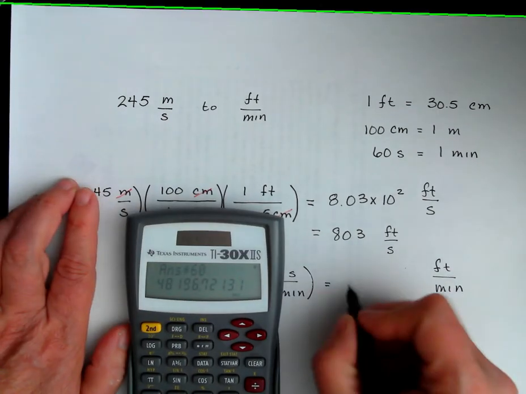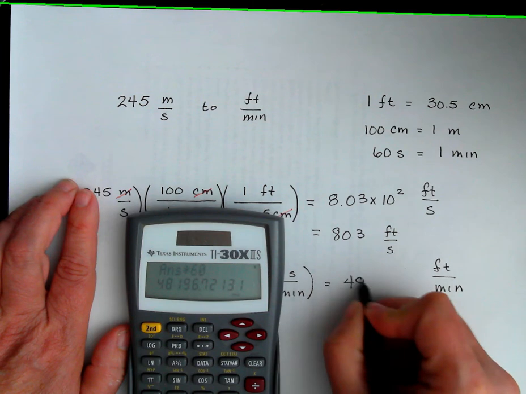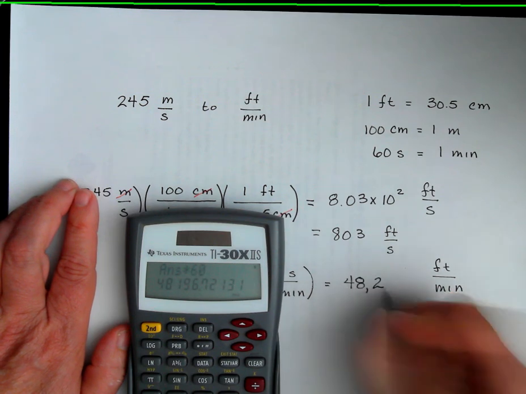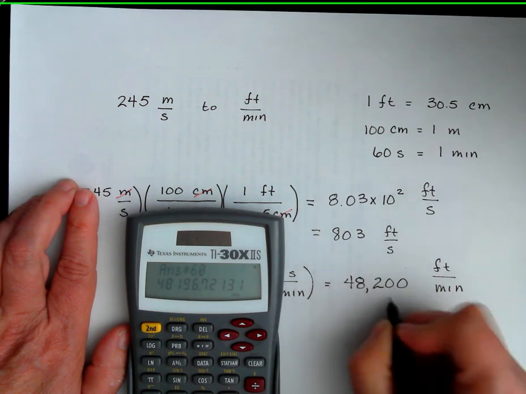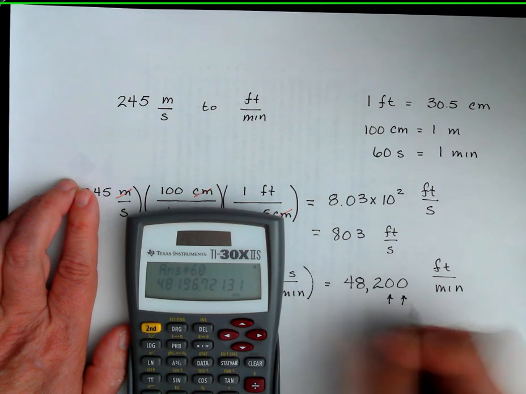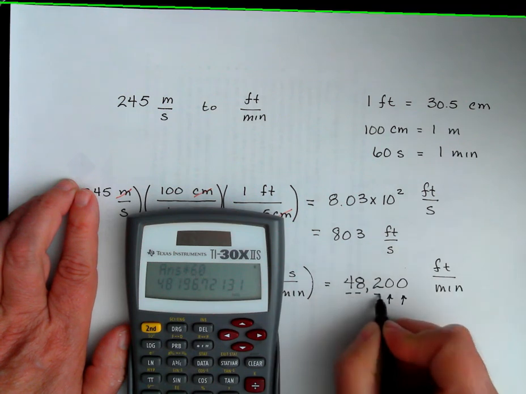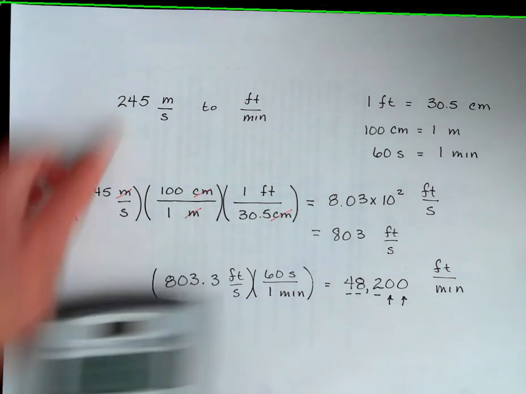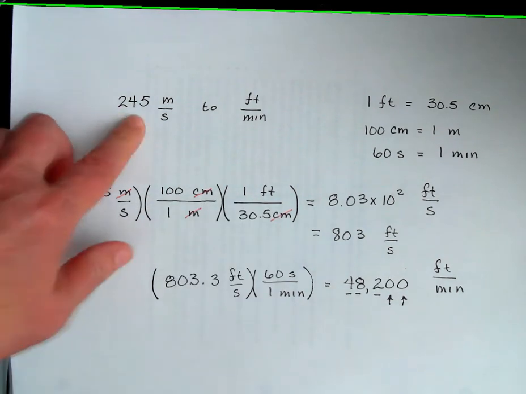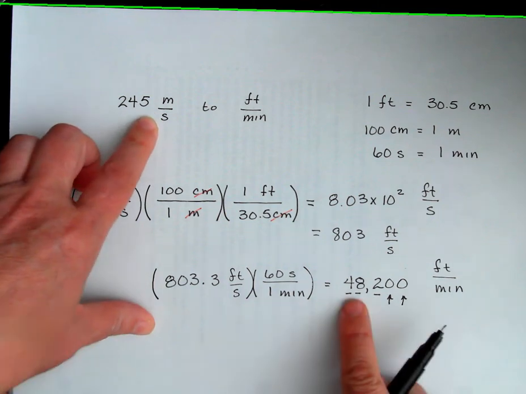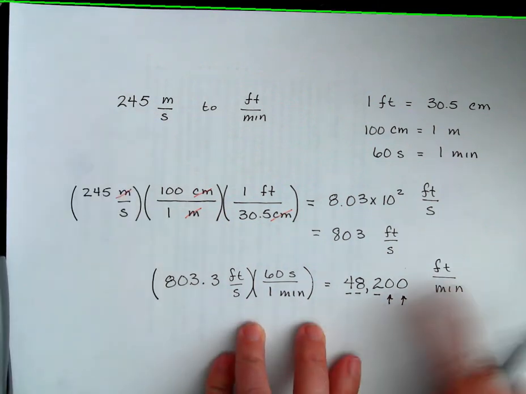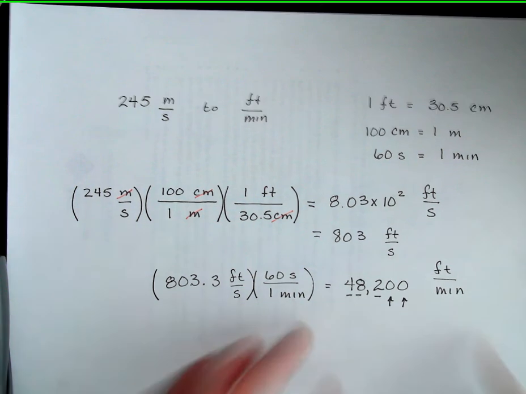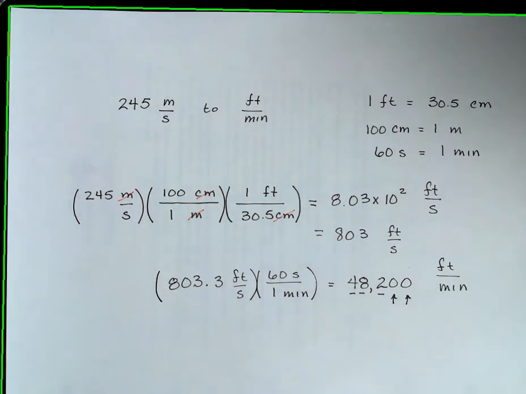And so this is going to be 48200. This is a placeholder, that's a placeholder, that's significant, that's significant, that's significant. So I've got 3 significant figures. So 245 meters per second works out to be 48,200 feet per minute.